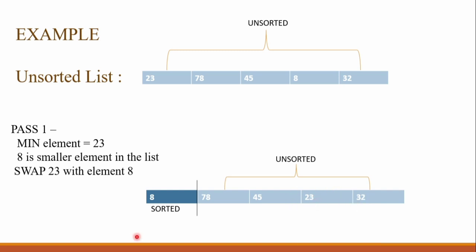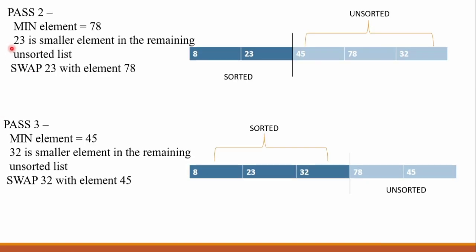That is 23. So now see here, minimum element is 78 and 23 is the smaller element in the remaining unsorted list. So what we have to do is swap 23 with element 78. Now we have swapped 23 over here with element 78. Now this part has become sorted and this is unsorted.